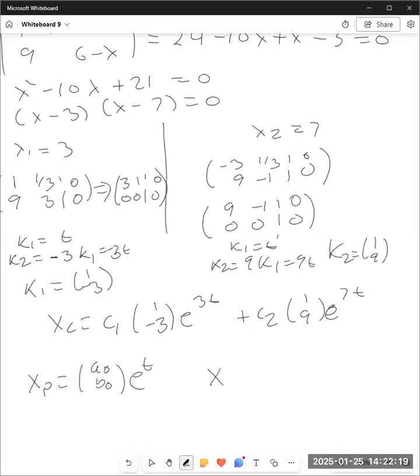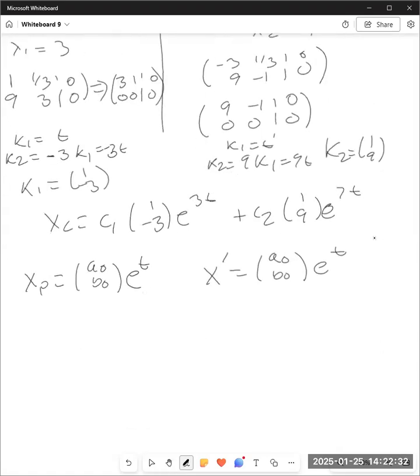So when I differentiate that, e to the t doesn't change, so on the right hand side I have [a0; b0] e to the t for my x prime.